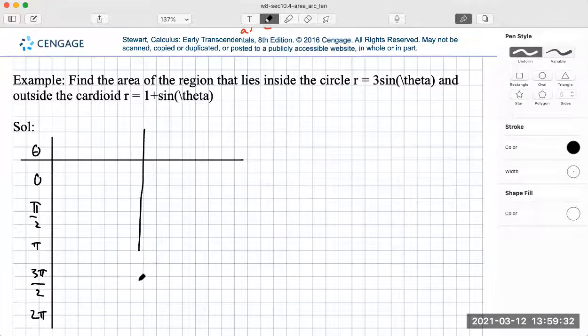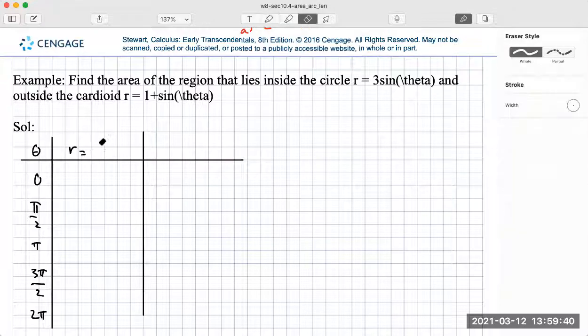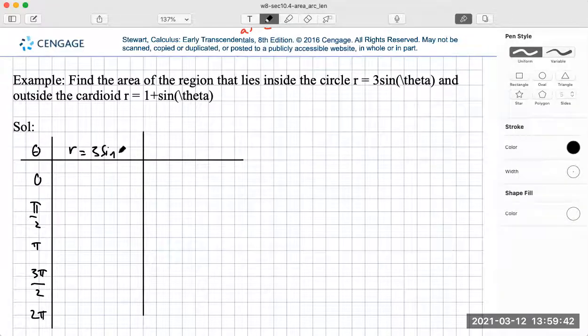And there are two curves. The first is r equals 3 sine theta. The second curve is r equals 1 plus sine theta.